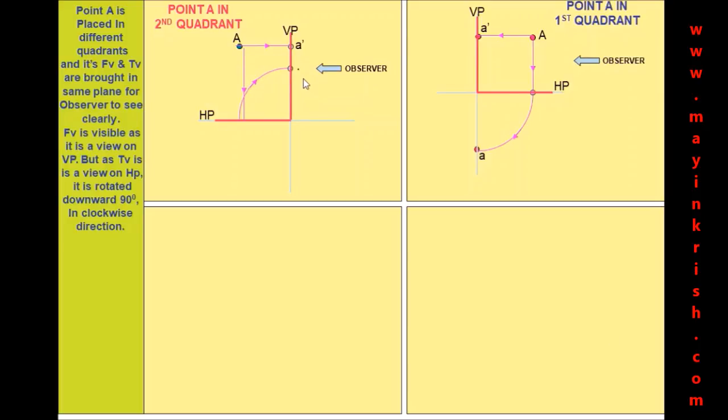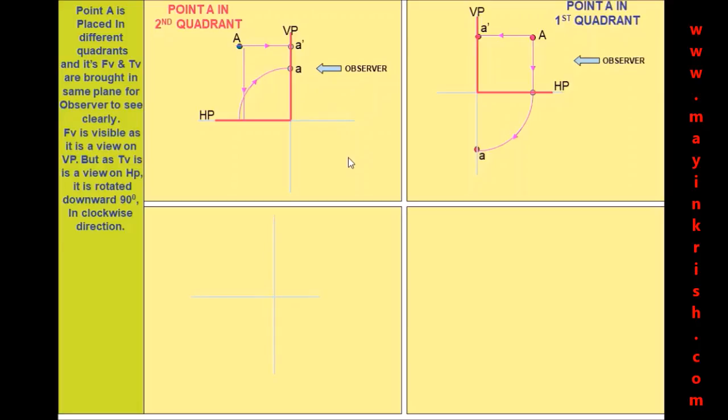And now the notation is represented as a small a, which is nothing but the top view. So now if we observe the second quadrant, the horizontal plane and the vertical plane have been laid above the xy line itself. In the sense, both the views have been laid above xy itself.